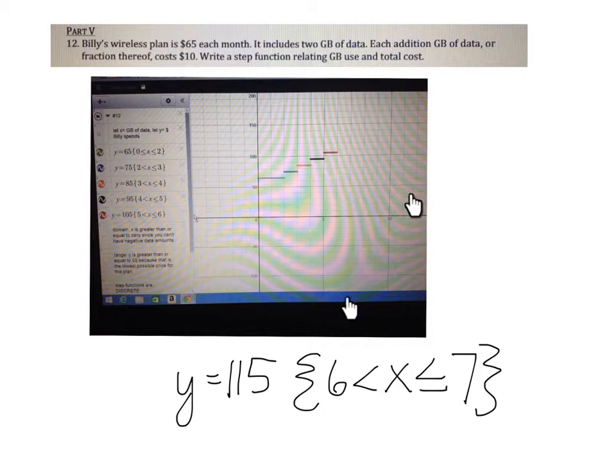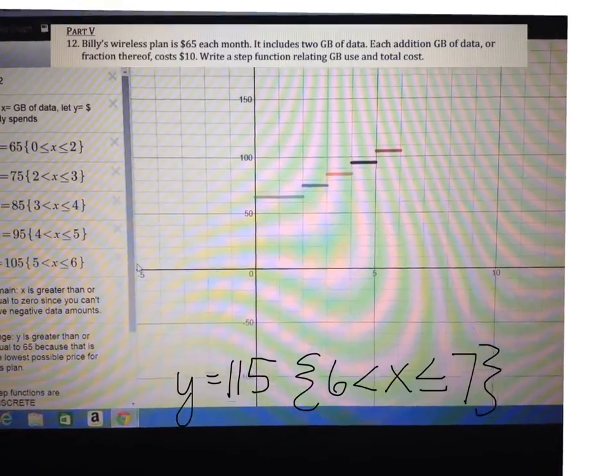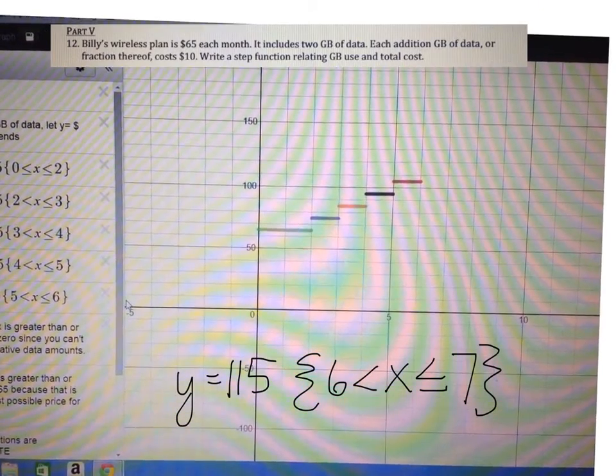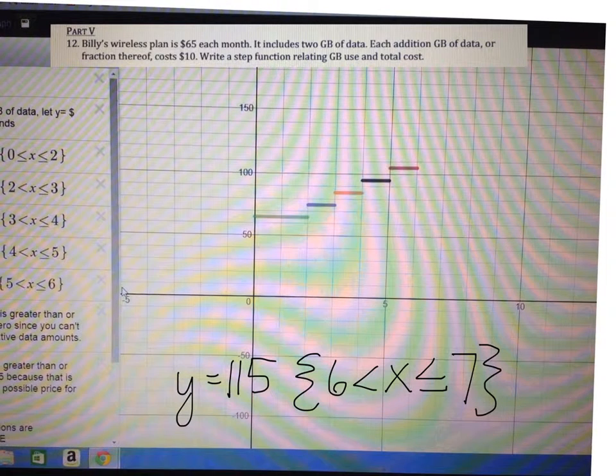And then if we were to graph that, we can zoom this up. We're going to graph y equals 115 when x is between 6 and 7. We would just look for 115 up here, so probably about, this is 100, this is 110, 120, so 115 is going to be right about here, and in between 6 and 7 is right here on the x-axis, so I would graph another one of these steps right here.